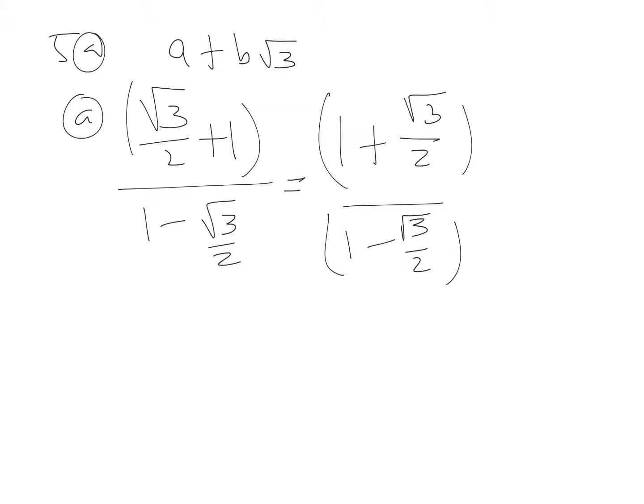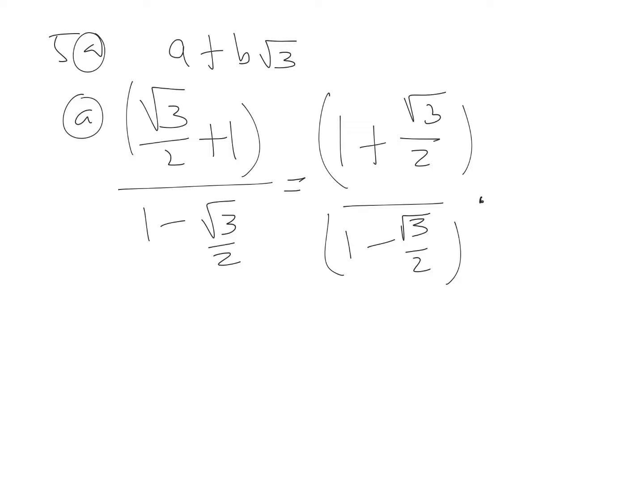Now, if we want to simplify things, we should multiply the top and bottom by the same value, in such a way that it will give us the denominator as a constant without radical, and the numerator can have the radicals.